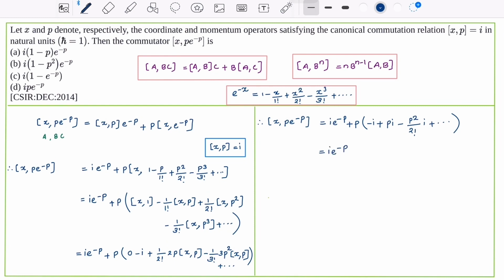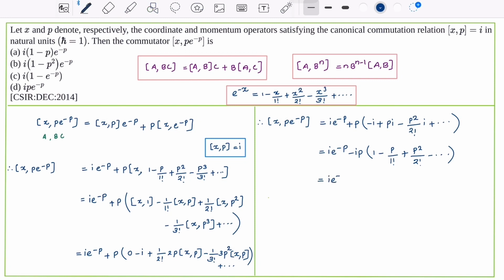Now, let us take i outside. So, it is minus i p times 1 minus p by 1 factorial plus p square by 2 factorial minus etc.